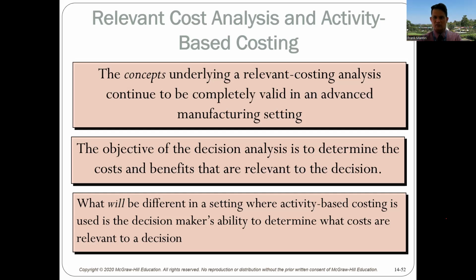It gives detailed information because the distribution of the cost for ABC costing is much more accurate than the traditional way. So what will be different in a setting where activity-based costing is used is the decision maker's ability to determine what costs are relevant to a decision.